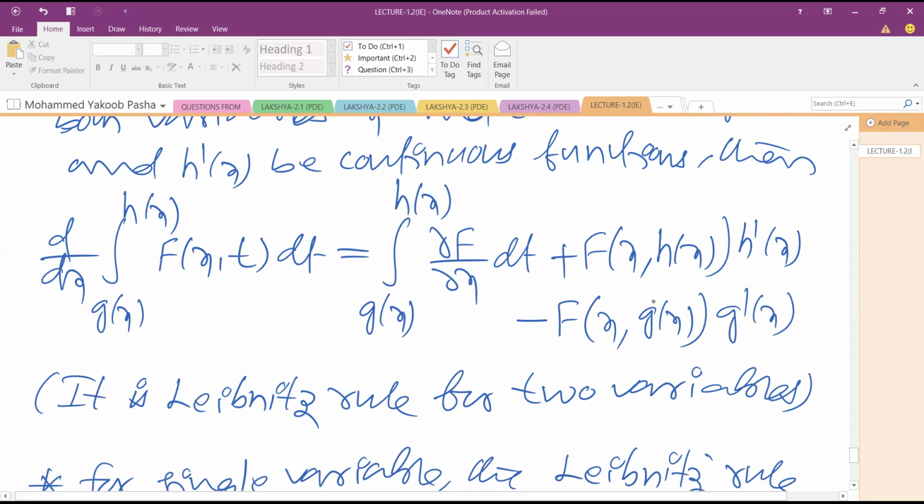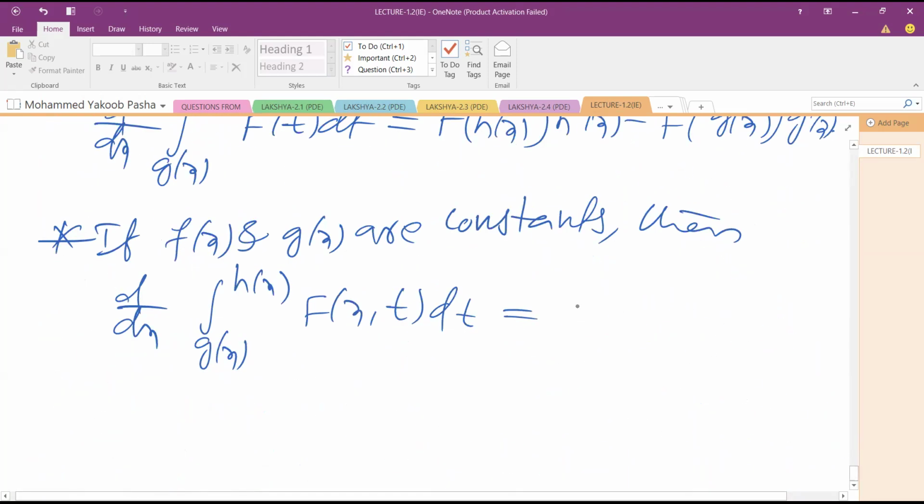So the second and third parts become 0. What remains is just the integral from g of x to h of x of dou f by dou x dt. This is the Leibniz rule when the limits are constant.